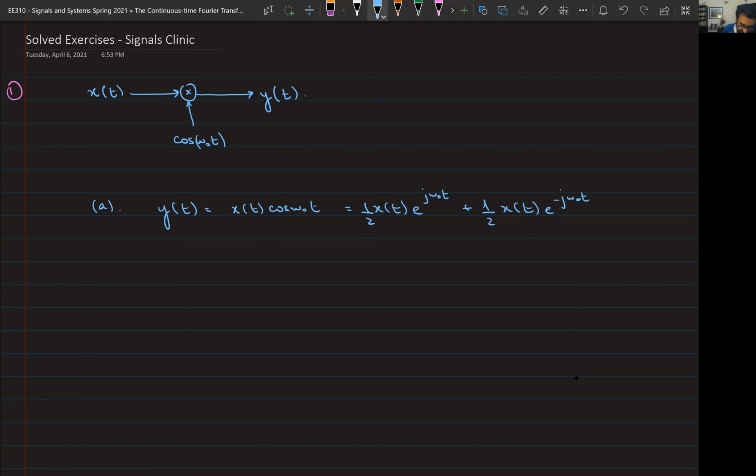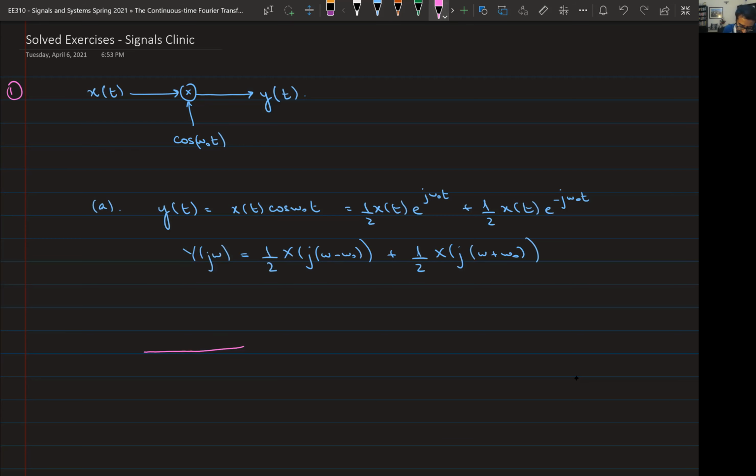And as a result, y of j omega, I just use the frequency shifting property. This is equal to half x of j omega minus omega naught plus half x of j omega plus omega naught.